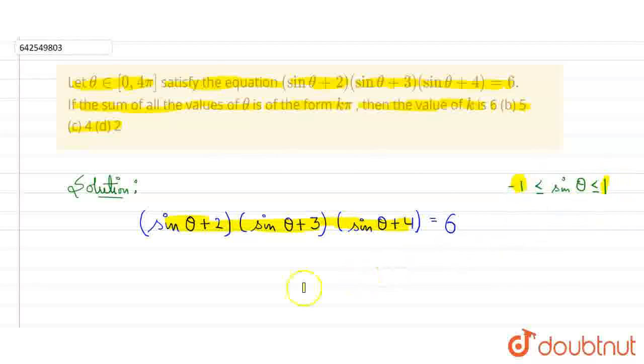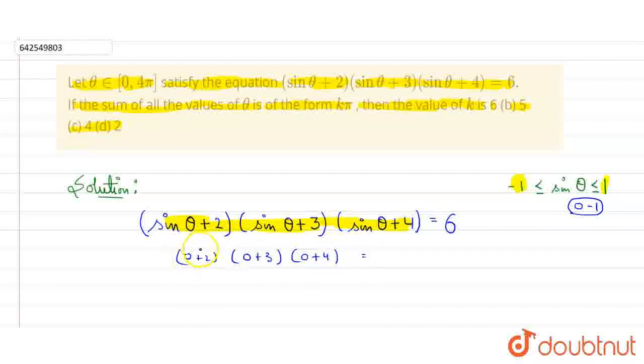So if I put any value in this limit, for example, let's consider 0 to 1, if I put the minimum value 0, it will be 0 plus 2, 0 plus 3 and 0 plus 4.